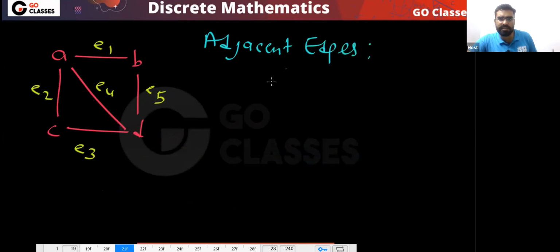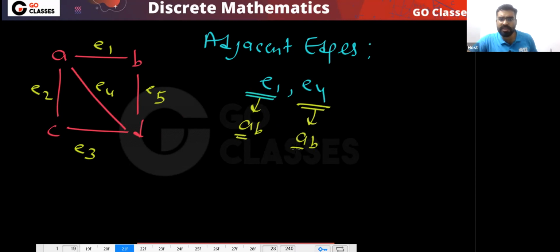For example, E1, E4, these are adjacent. Adjacent means they share a common endpoint. E1 is AB. And E4 is AD. So they are sharing a common endpoint.